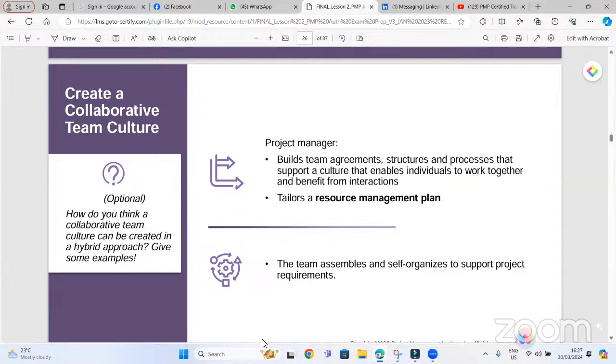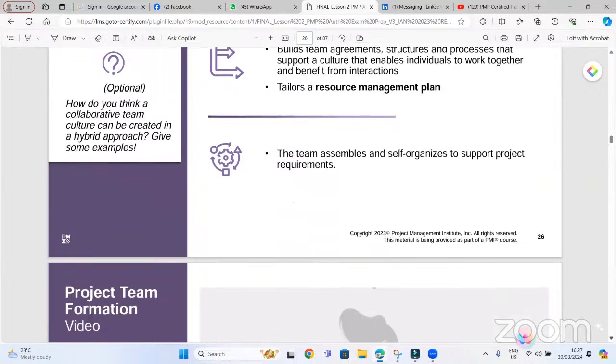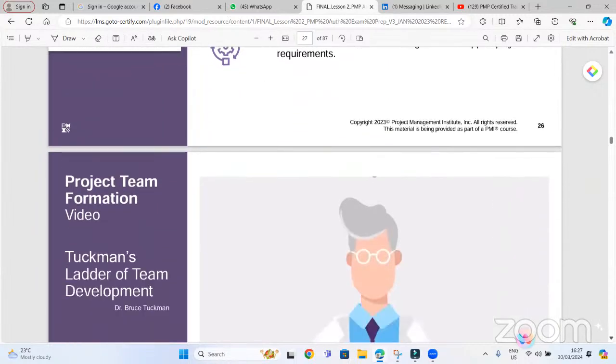The psychologists around the world have actually put up some guidelines for us to follow, on how teams transition when they form. They pass through stages such as forming, storming, norming. So we will be discussing what is the natural cycle that a team passes through once it is formed.